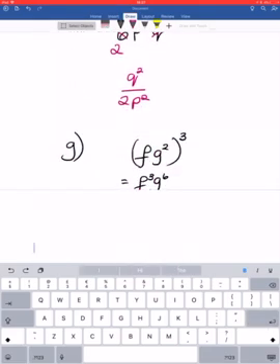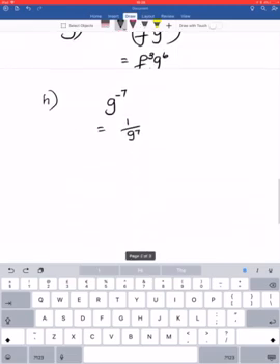So, what about if I've got negative powers? Be really careful. If I have negative powers, such as g to the minus 7, that's the same as saying 1 over g to the 7. So we need to combine all sorts of things.